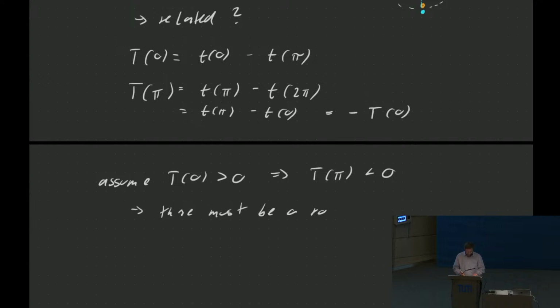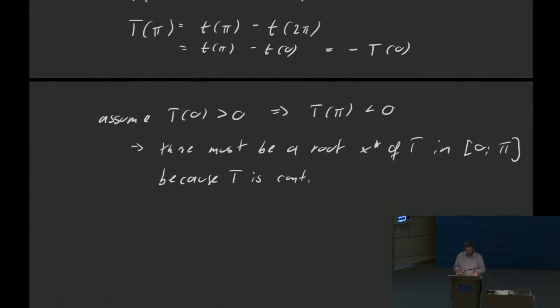There must be a root, let's call that x star, of T in that interval between 0 and pi, because T is continuous. And that root is exactly the point we're looking for.